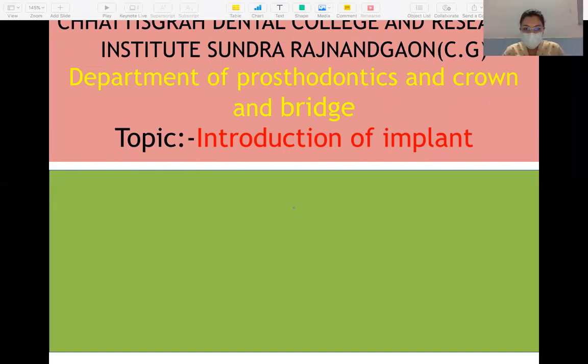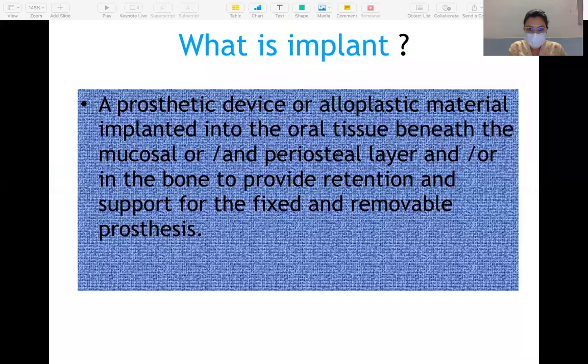Today, the topic of my presentation is introduction of implants. Now, what is an implant? An implant is a prosthetic device or an alloplastic material implanted into the oral tissue beneath the mucosal or periosteal layer or in the bone to provide retention and support for a fixed or removable prosthesis.